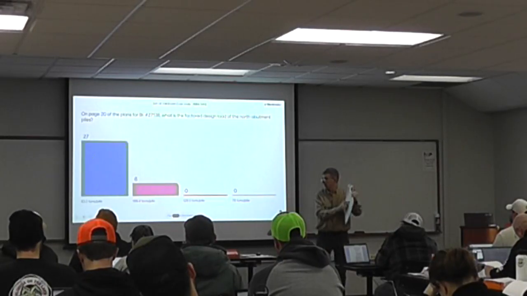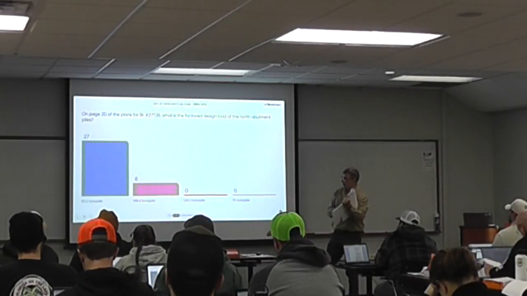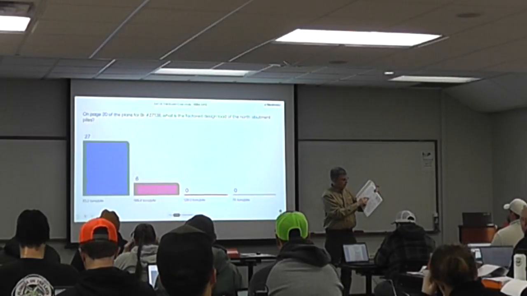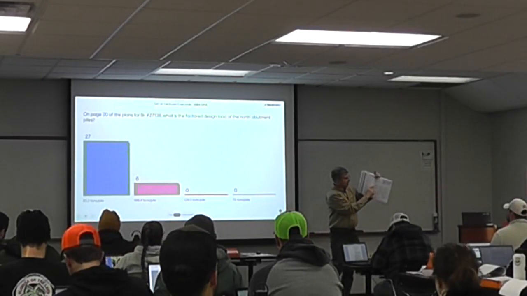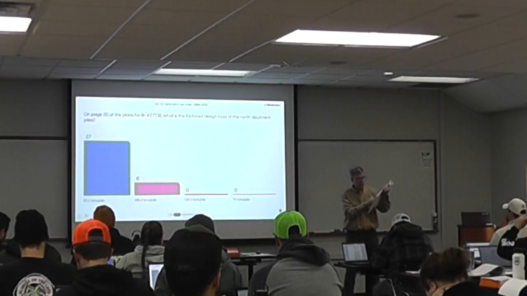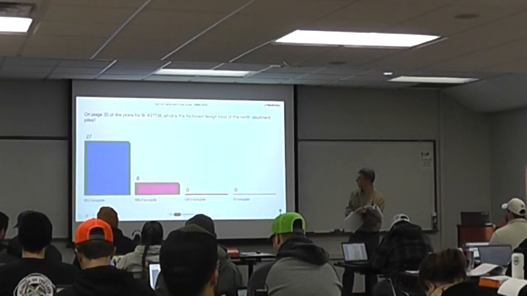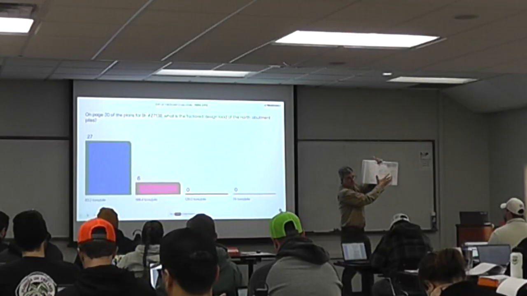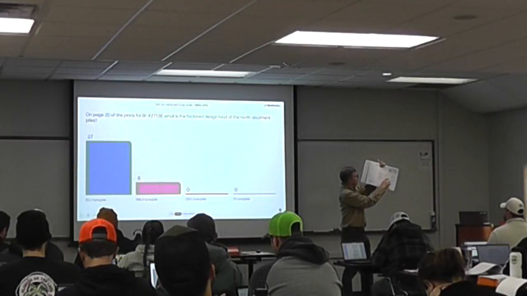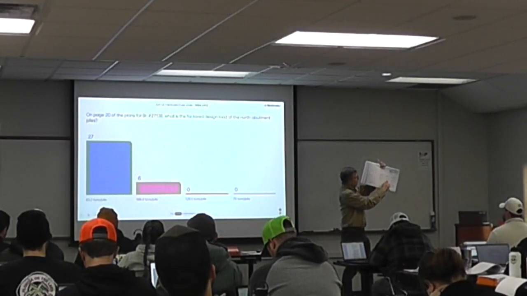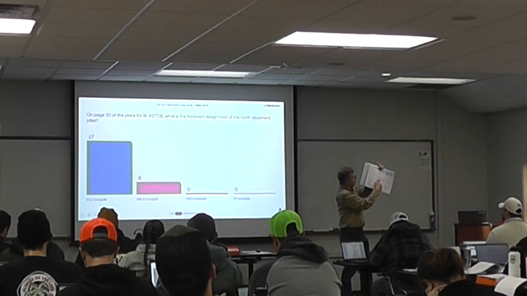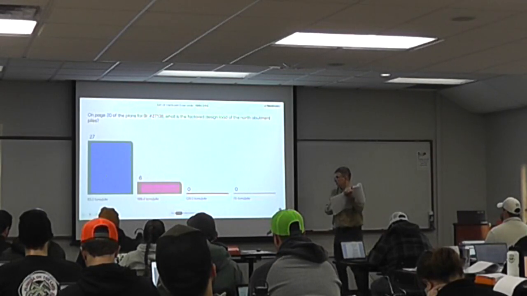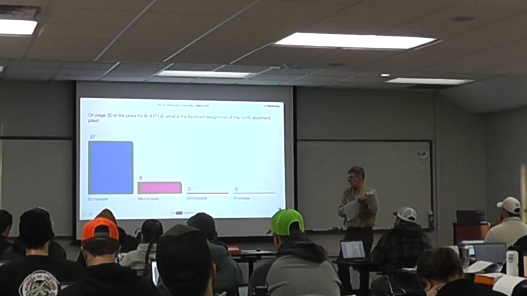So this is asking about the factored design load. The north abutment is the leftmost one. On page 20, the left upper of the three columns says the factored design load is 83.2 tons per pile.